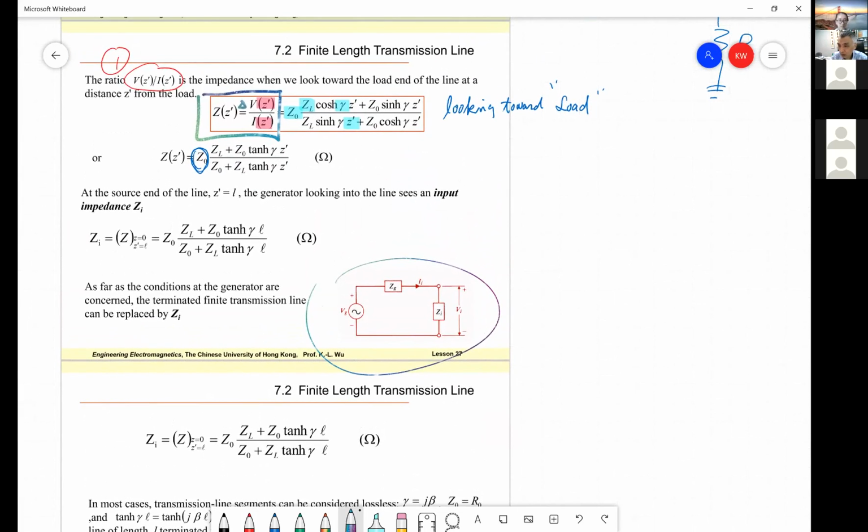Then you see, because we know the hyperbolic tangent function, we divide the cosh function on the numerator and the denominator at the same time.